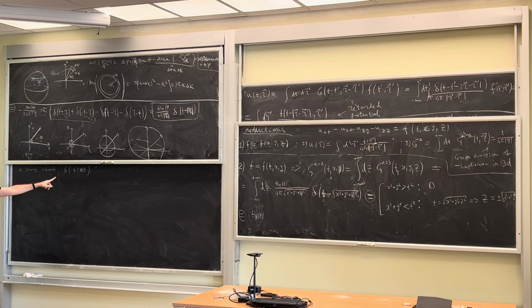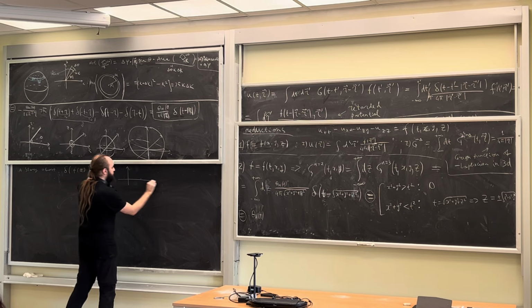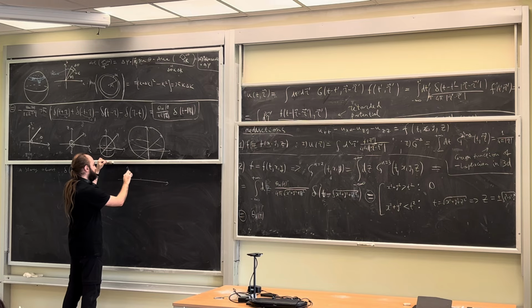Now, we would like to know what delta of f of z is. To do this, we compute the integral of this delta function with some test function.